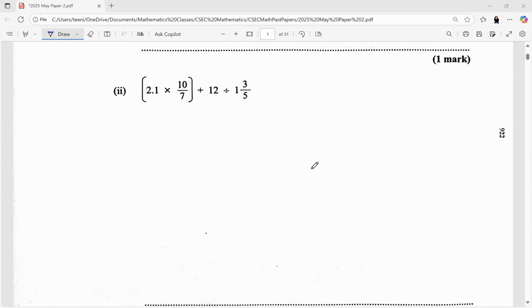Okay, so now let's do this one, right? For this, you would type literally exactly as it is here on your calculator. So you press open brackets 2.1 times 10 over 7, and tell me what you get when you do that. Any one of you tell me. 2.1 times 10 over 7. What is the answer?